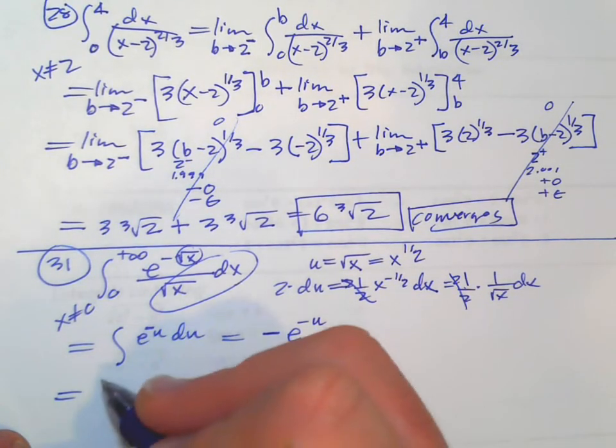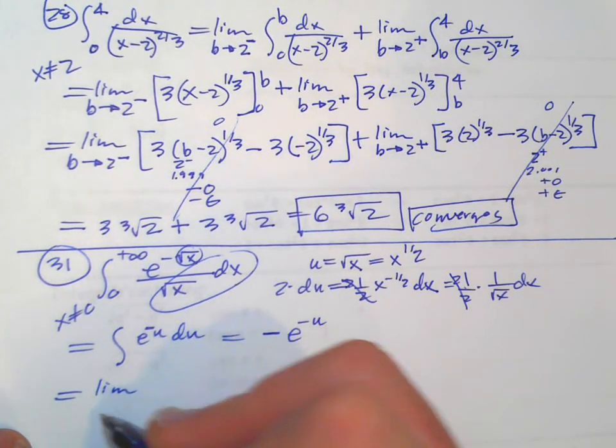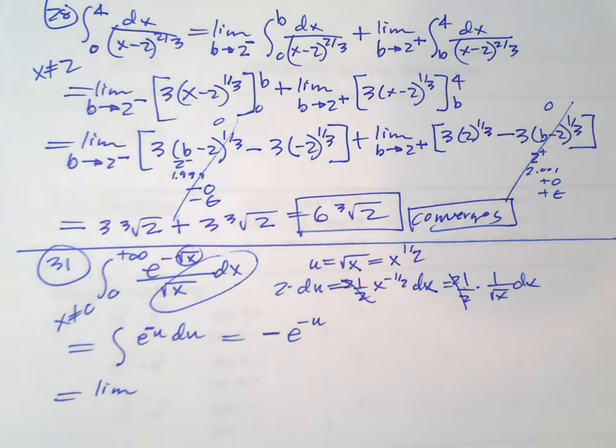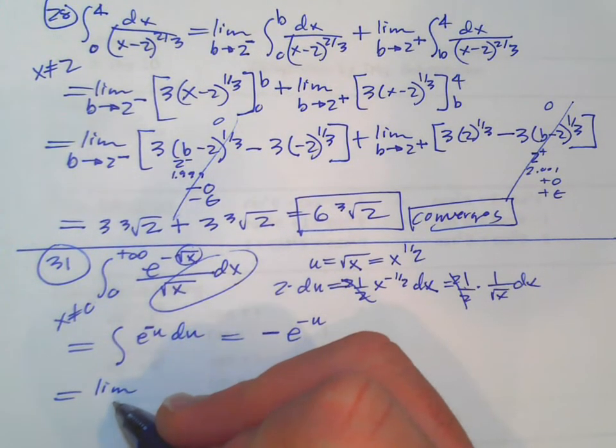So this is going to be the limit. Oh, this is kind of hard. I feel like there's two limits involved. We've got two things. I don't know, I haven't done this before.